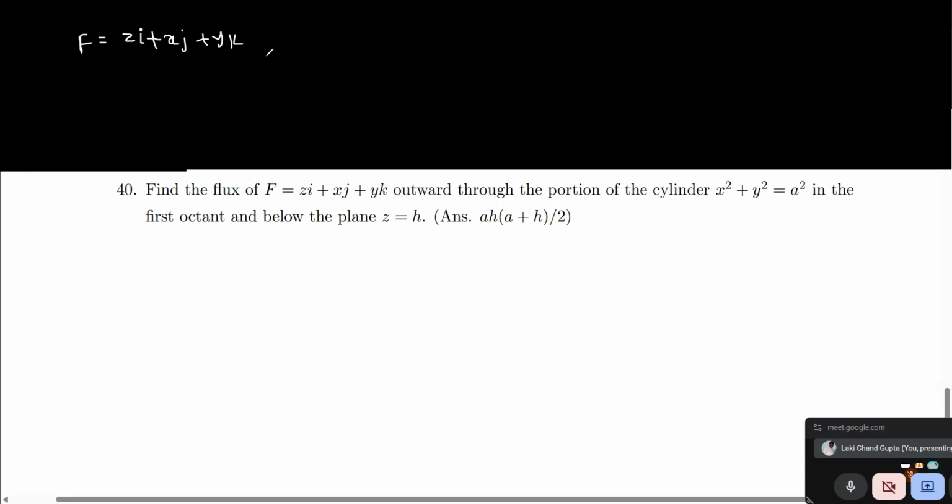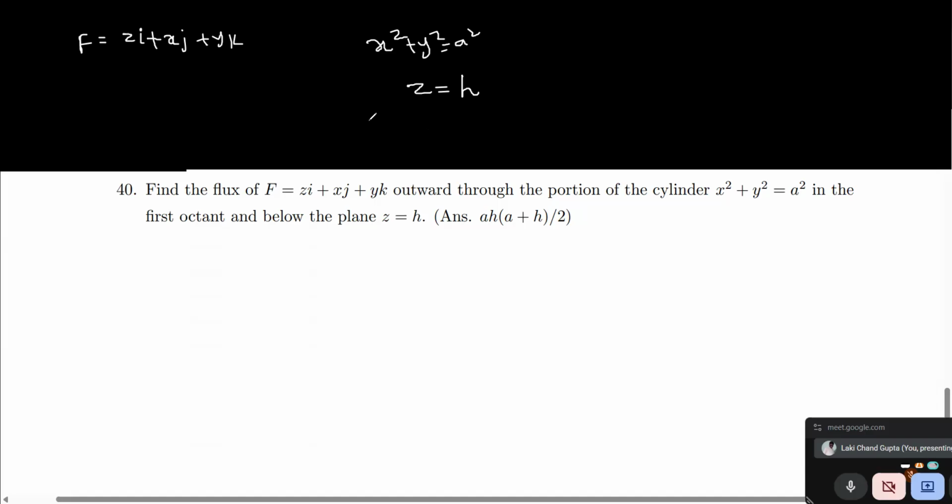Outward to the portion of the cylinder. What is the cylinder? x square plus y square is equal to a square. Lies in the first octant, z is equal to h.